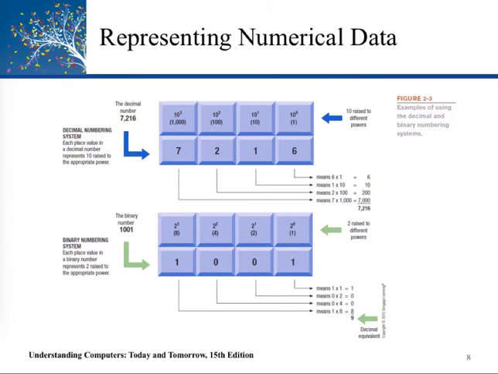Well, if we take the first group, you can see that 7,216, each one of those digits represents a power of 10. So 10 to the 0 power equals 1, and 6 of those equals 6. Well, then let's take the second digit in. 10 to the 1 power equals 10. One of those equals 10.